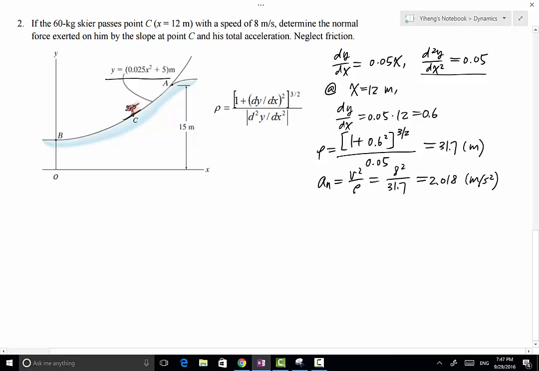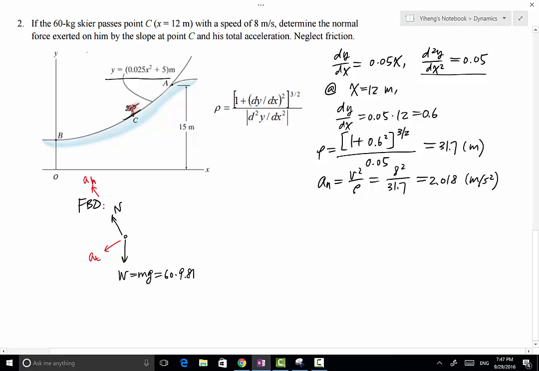So the next thing to do is to draw a free body diagram of the skier. Weight force, which equals mg, which is 60 times 9.81, and normal force, n. And we already said that if we draw the kinetic diagram along this direction, that's our an. And then along this direction, which is perpendicular to an, that's our at.